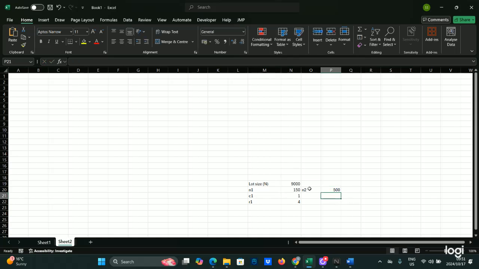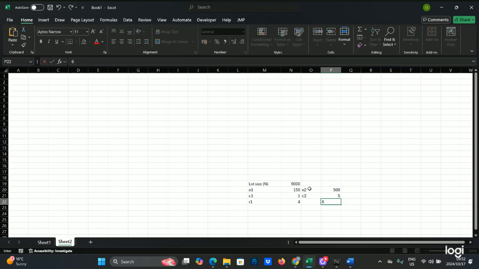From that sample, the acceptance number for the second sampling increases to 5, maybe, and the rejection number is now 6, which means R2 is 6. So they only reject the lot if they find six or more defectives.